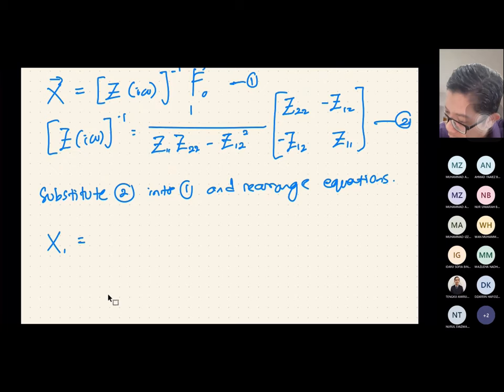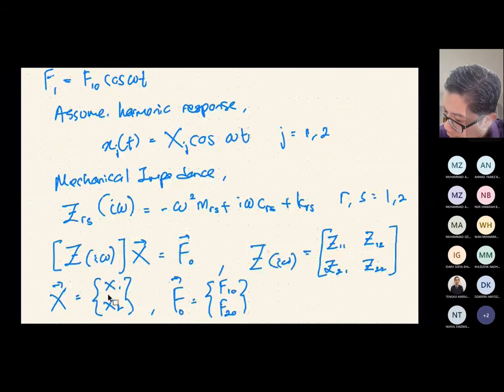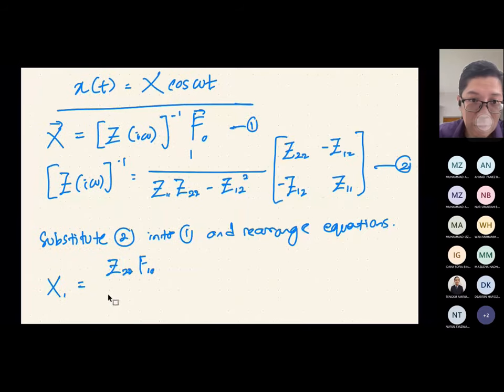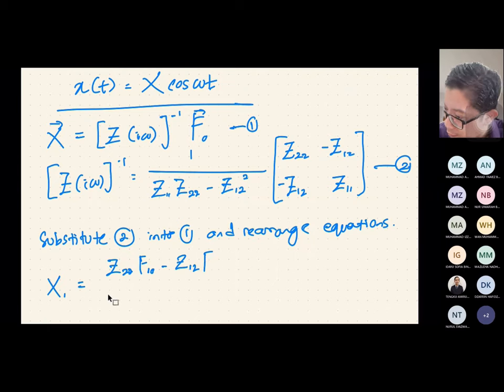So this will be we'll have z22 f0. Sorry, no f0, f10. F10. Tadi kita define f10 kan. Okay, f10. So f10 minus z12 f, tak ada.